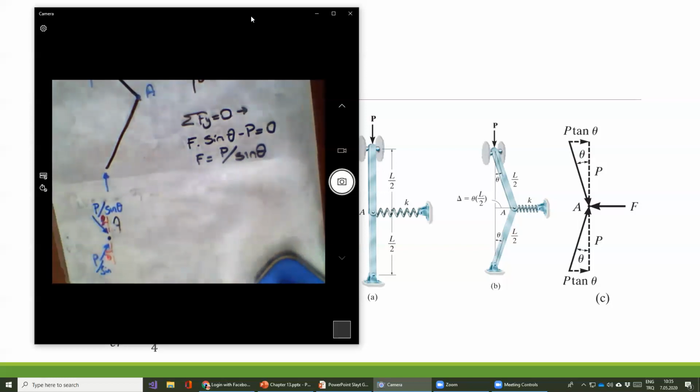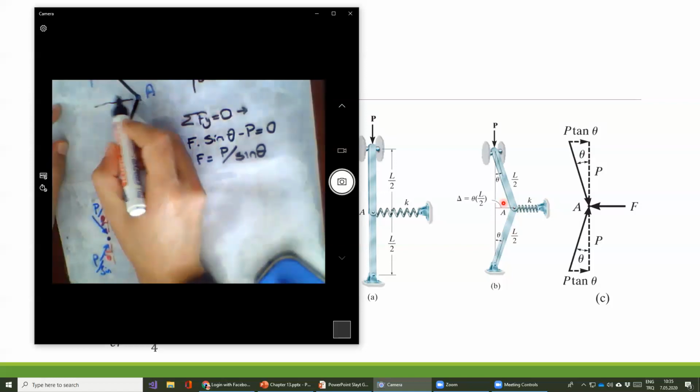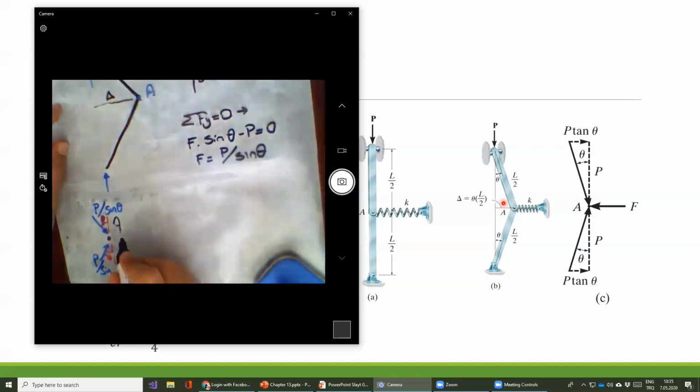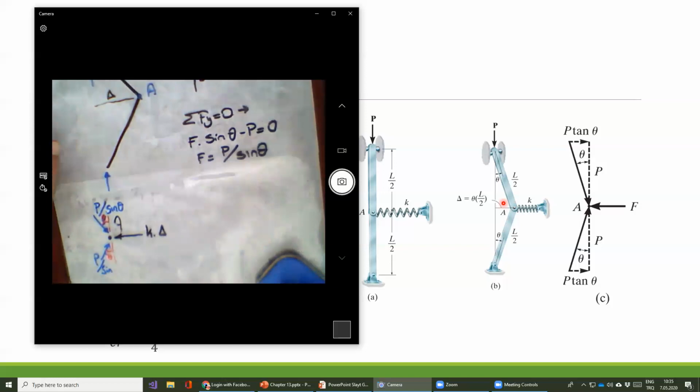Yes, we have a spring available here, and we call this distance delta. So we have some kind of spring force, which is equal to k times delta.